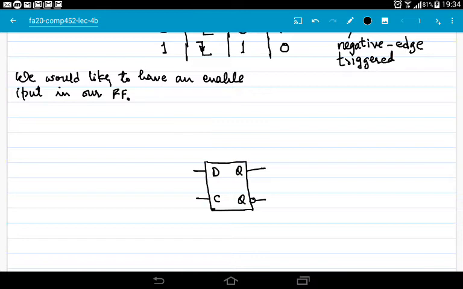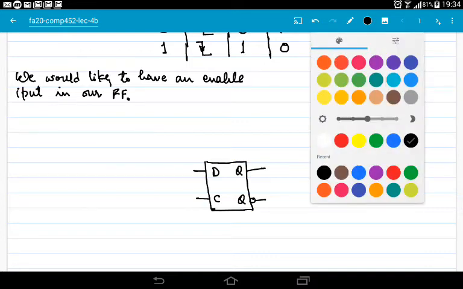Now what we want to do is have a circuit which will not let the output change when enable input is 0. So let's write here what we want.